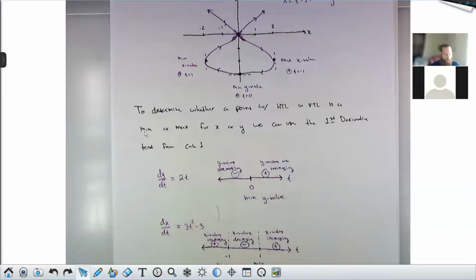If I was teaching this class maybe at MIT or Caltech or something like that, then I would really put you through the ringer on this other stuff, but not this time. I just want to remind you what the first derivative test you learned in Calc 1 says and how it can be applied here.